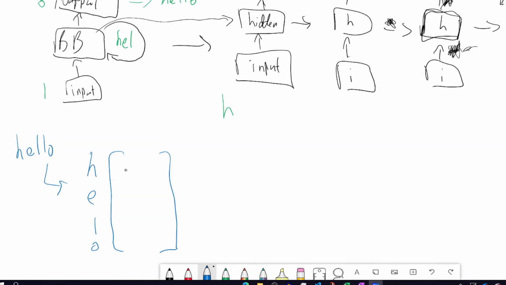So if the letter is H, it'll be represented by the array 1, 0, 0, 0. If the letter is L, for example, it'll be represented by the array 0, 0, 1, 0. So that's what we're going to do.